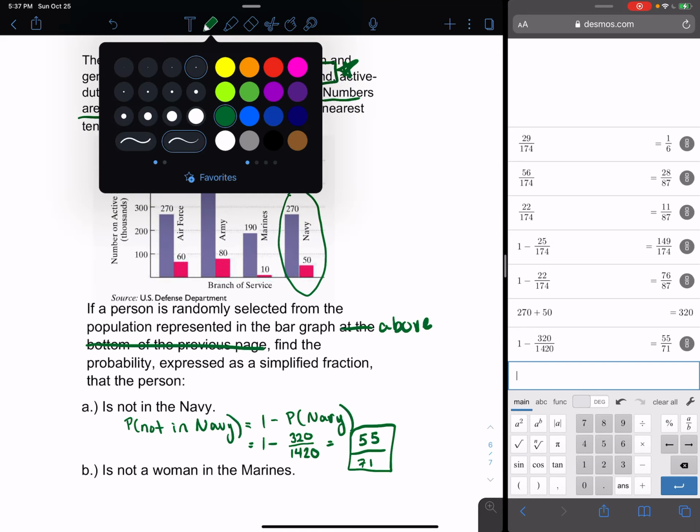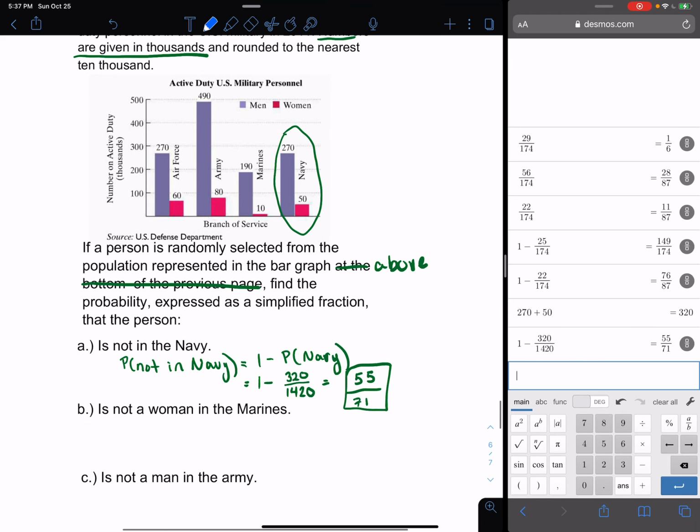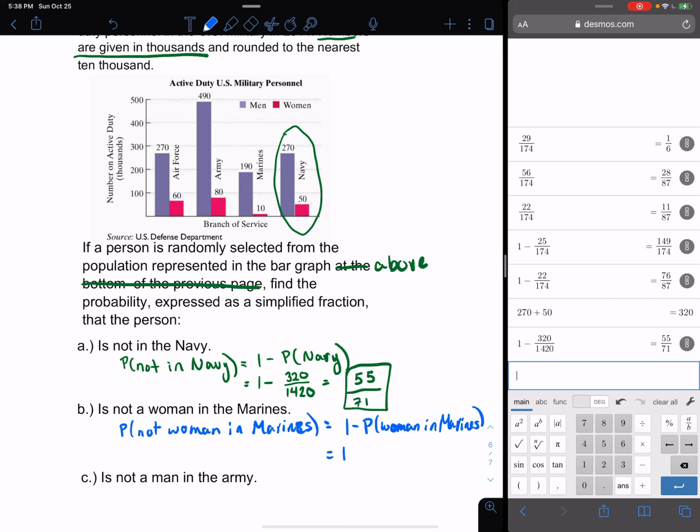If we look at part B, they're asking is not a woman in the Marines. So the probability that it's not a woman in the Marines is 1 minus the probability that it is a woman in the Marines. So I'll do 1 minus.